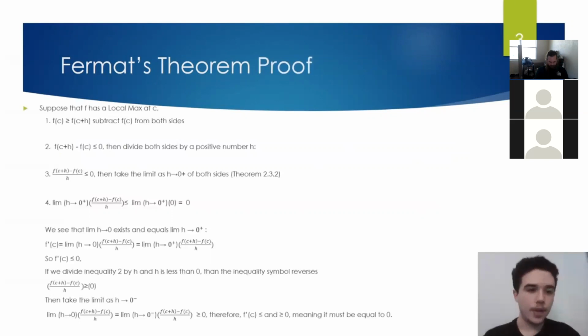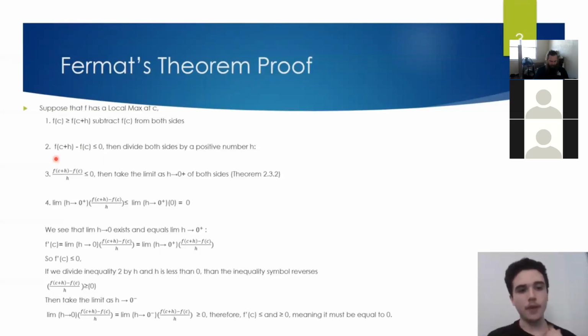And here we have a proof of Fermat's theorem. So suppose that f has a local maximum at c. That's a given. So step 1, first thing we do is we take f of c is greater than or equal to f of c plus h, and we subtract f of c from both sides. So here we essentially set it equal to 0, and the inequality is reversed.